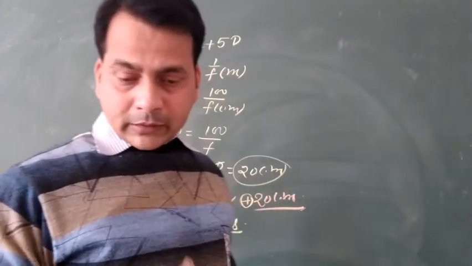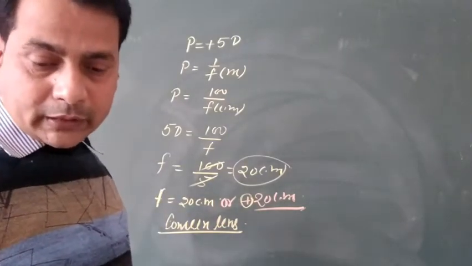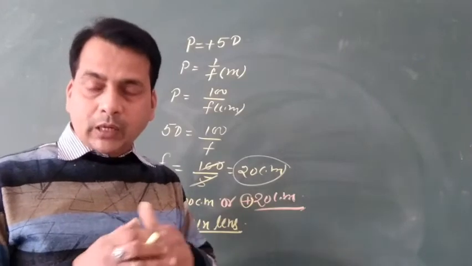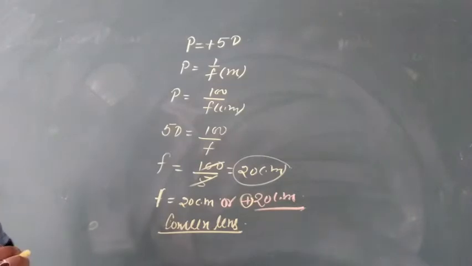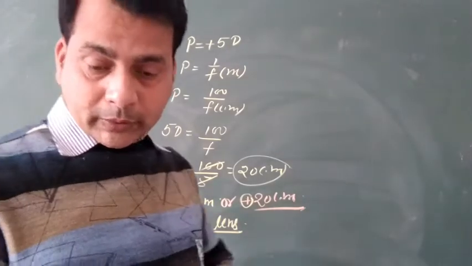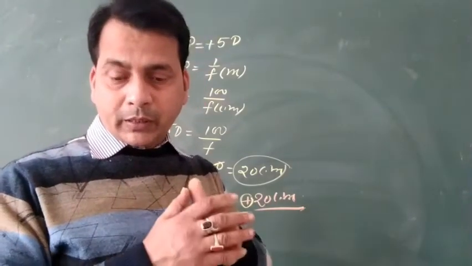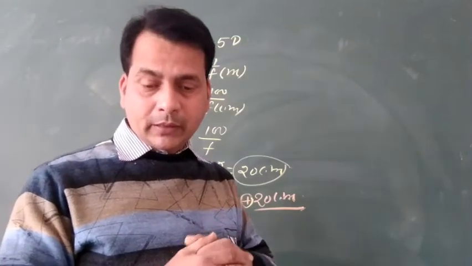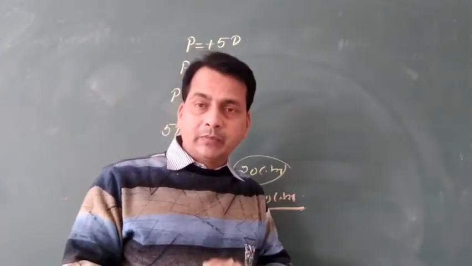Now the next part of this question: at what distance from this lens should an object be placed so as to get its inverted image of the same size?